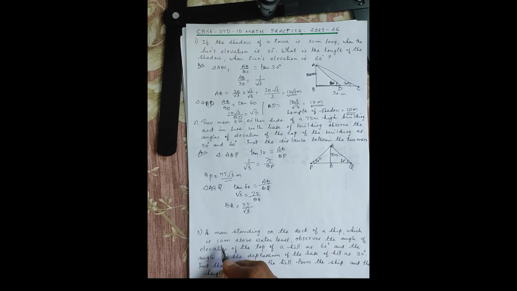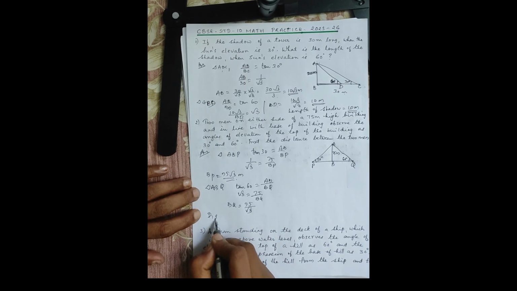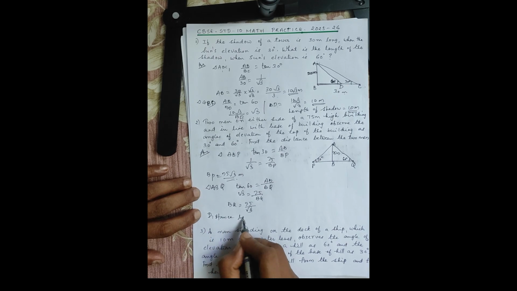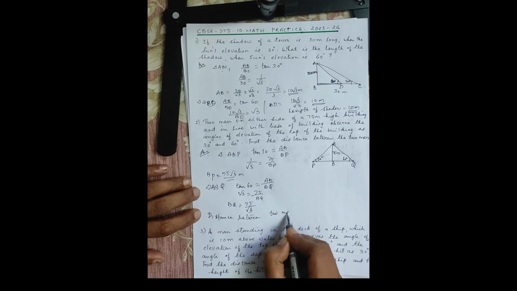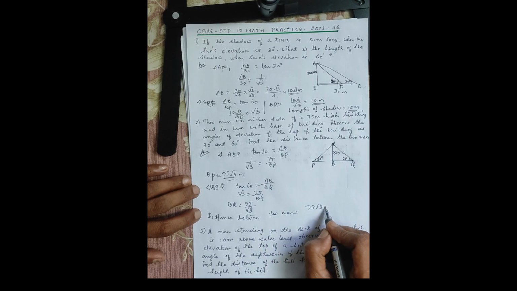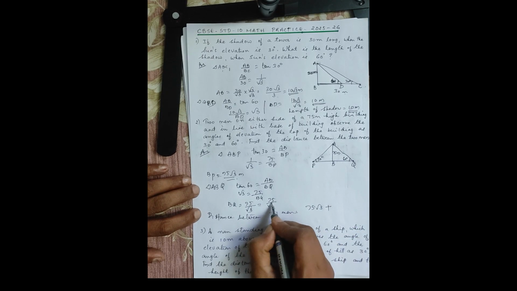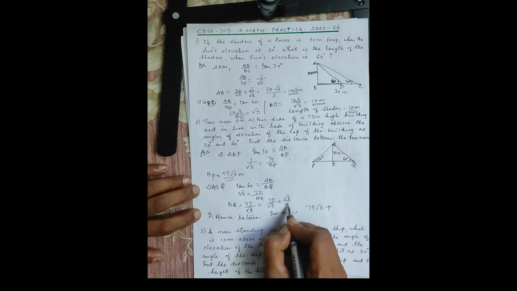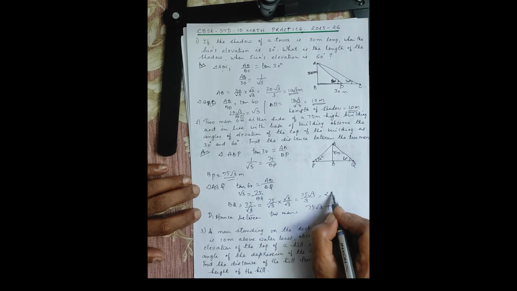Now we should get the distance between the two men. Distance between the two men is equal to 75 root 3 plus 75 by root 3. We can rationalize it, root 3 into root 3, so 75 root 3 by 3 is 25 root 3.